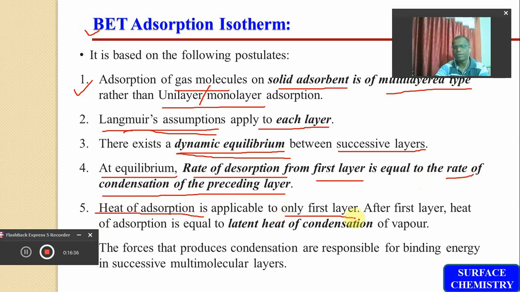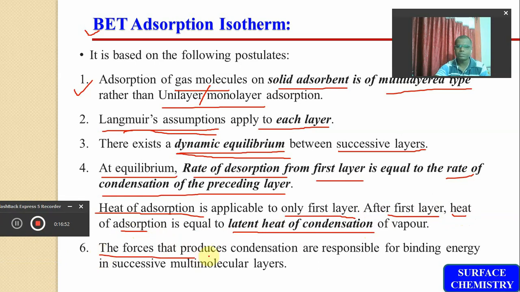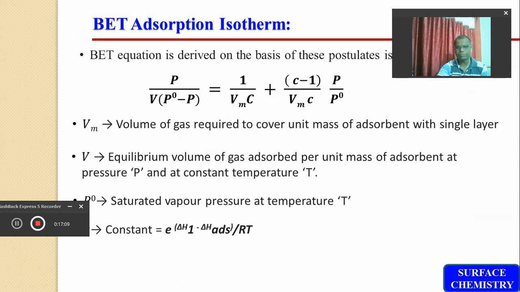This heat of adsorption concept will be applicable to only the first layer, and after the first layer the heat of adsorption is equal to the latent heat of condensation of the vapors. And here the forces that produce condensation are responsible for the binding energy in successive multimolecular layers.